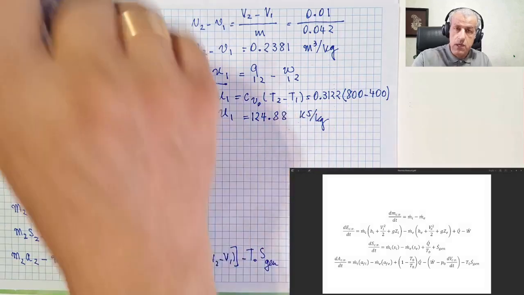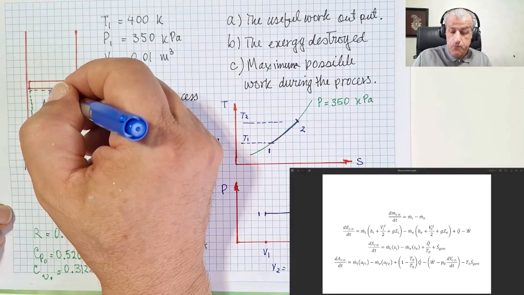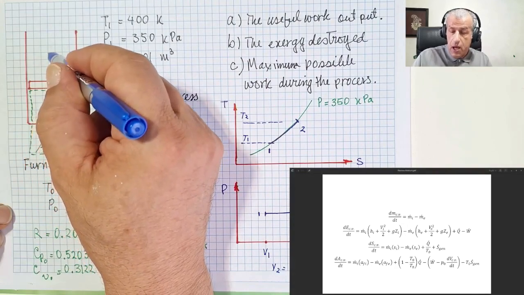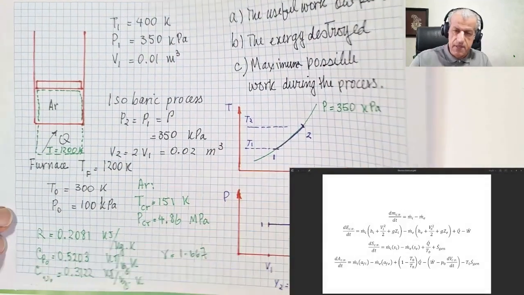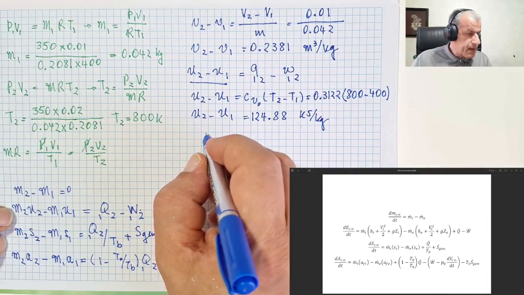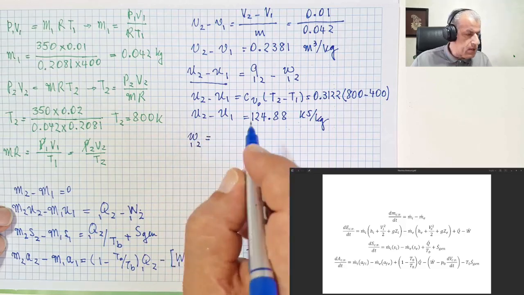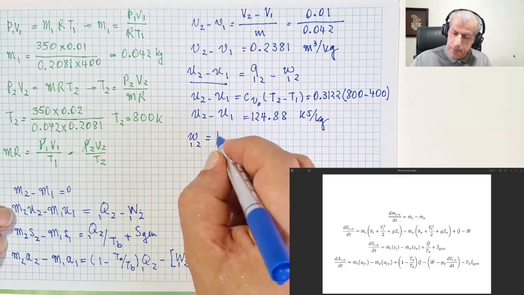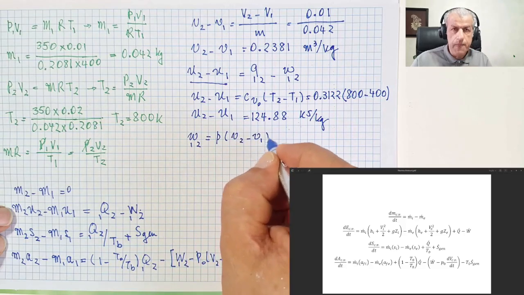The only work we have to do is to push this piston up. We assume no friction or irreversibility. So work W12 equals P times V2 minus V1.